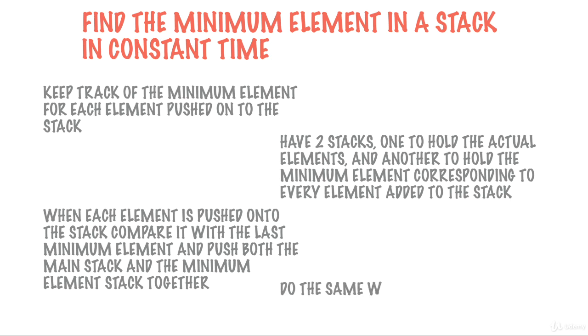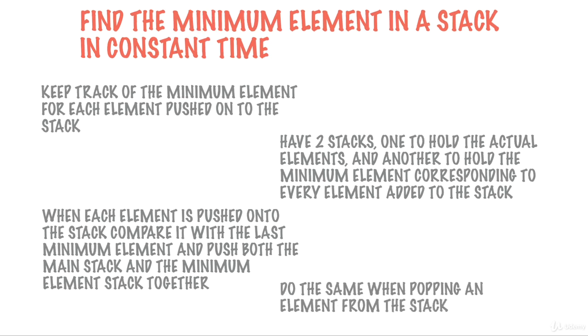If the minimum remains unchanged, then we simply re-add the old minimum to the minimum stack and add this new element to the original stack. And we do exactly the same thing while popping an element from the stack. We pop both from the original stack as well as the stack which holds the minimum element.